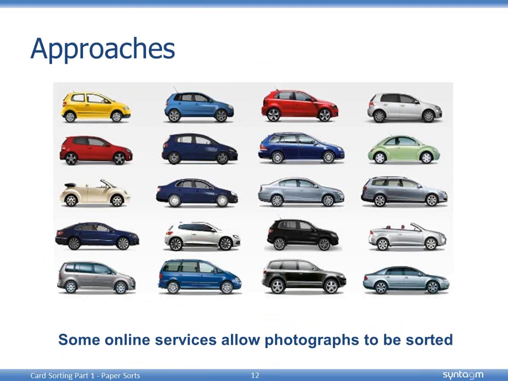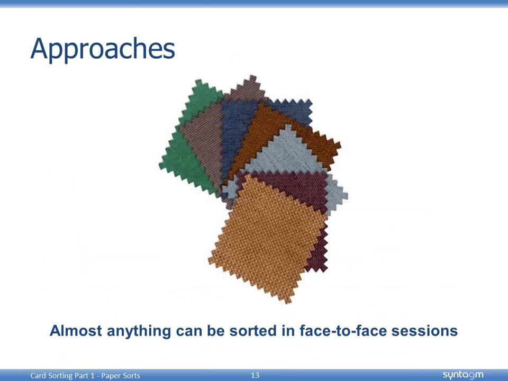At least one of the online solutions that I know of, it used to be called WebSort. It's part of UX Punk now, allowed you to upload photographs and let users sort those. So clearly that has an advantage in that you don't have to give things names if you feel that that's actually part of the research exercise. And of course, if you're doing face-to-face sorting, you can sort anything.